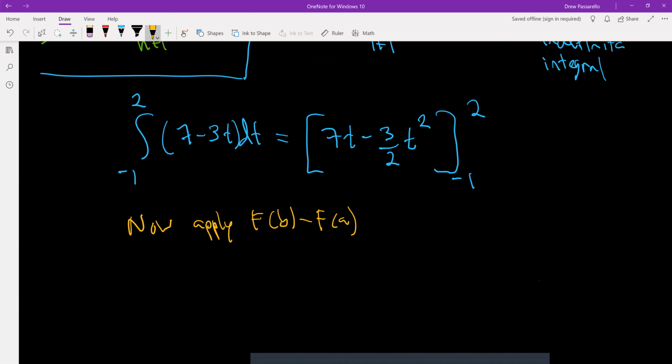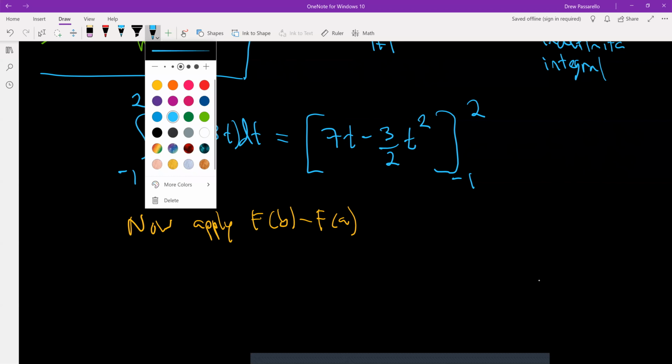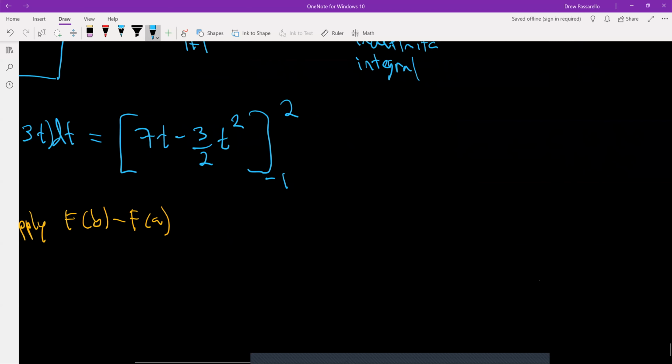So that's going to be equal to the F of b part, this is going to be F of 2 minus capital F of -1. So I plug 2 into the antiderivative, so that's 7 times 2 minus 3 halves times 2 squared.